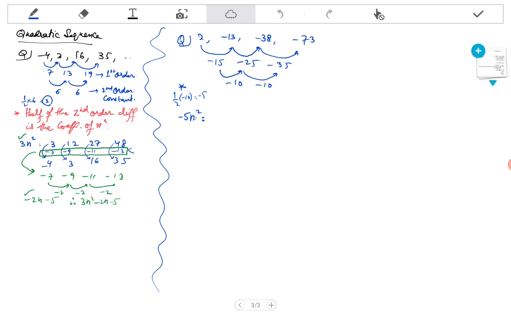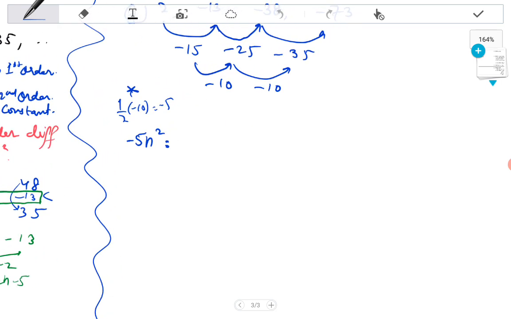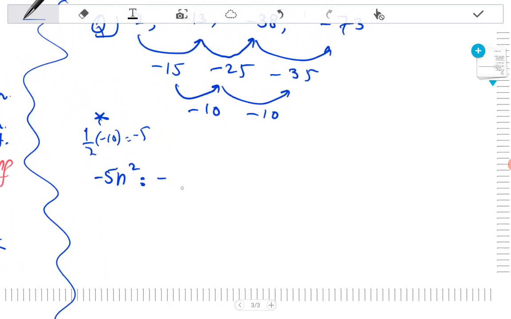If I set n as 1 in this expression, 1 square is 1, that multiplied by minus 5 gives you minus 5. So the first term comes as minus 5. Then the second term, n as 2: 2 square is 4, and 5 fours are 20, but the negative sign makes it minus 20.